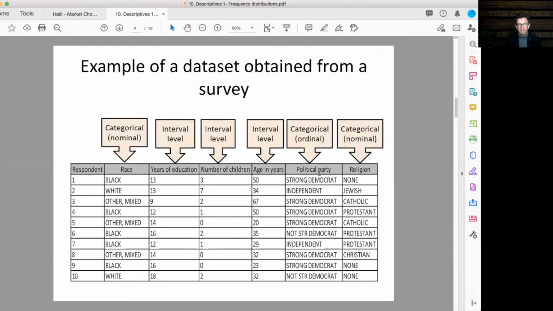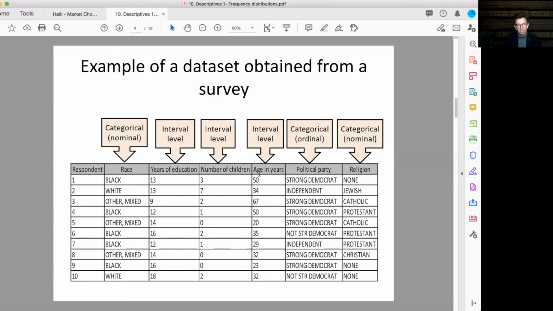For example, here you have the variable race, right? That is nominal, right? These are the values. There's no order to them. Years of education in years, that's interval level, right? We can know exactly the difference between two values. Number of children is also, of course, an interval level variable.